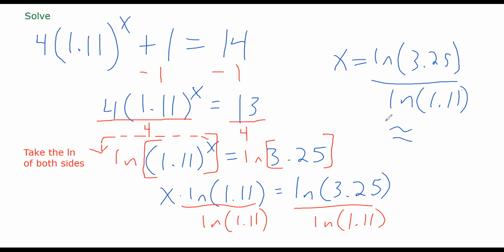Now we need to use our calculator. We do ln of 3.25 divided by ln of 1.11. And you can write exactly like how you see it here into the calculator. And when you do that and you round to 3 decimal points, you should get 11.294.